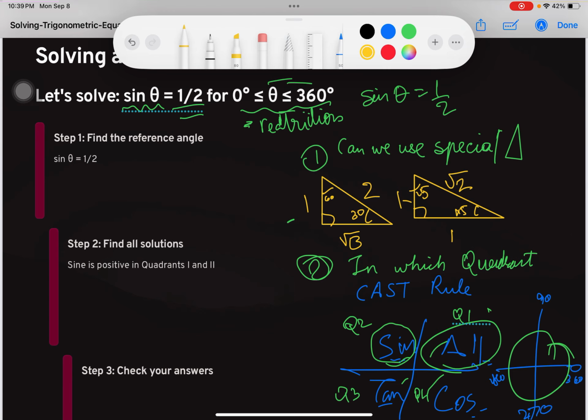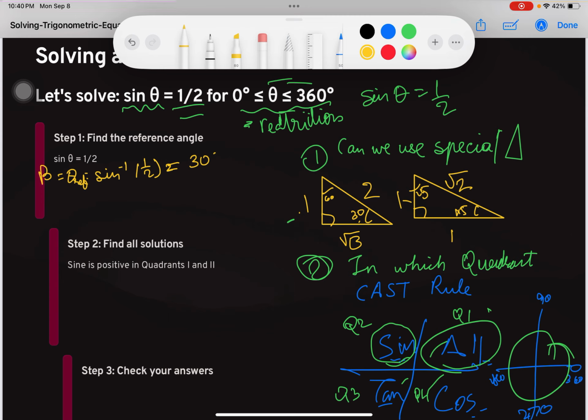To find the reference angle, because we know it's a special triangle, sine of 30 equals 1 over 2. So we can solve for theta: theta equals sine inverse of 1 over 2, which gives me the reference angle, or you could say beta. Some teachers like to use beta because in upcoming questions you may get confused. So beta, or theta reference, equals 30 degrees.